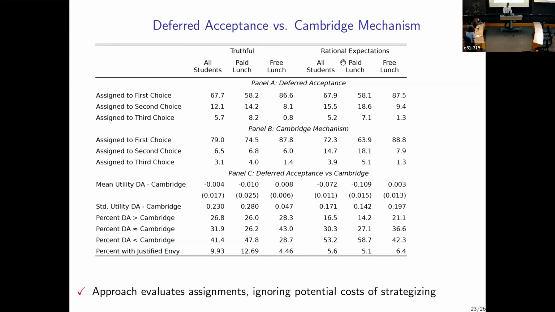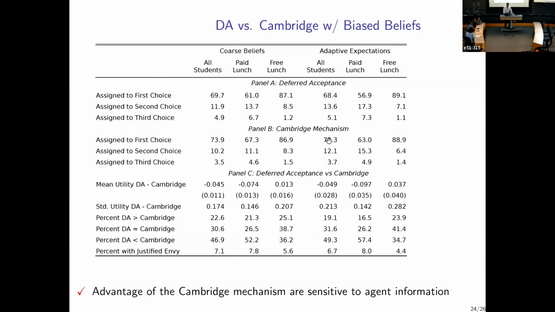Now, if you look at what happens when we estimate the model with rational expectations, this number is much lower. The difference between the 79 and the 72 is people being assigned to the first choice they reported that is not their first true choice, because they are strategizing.